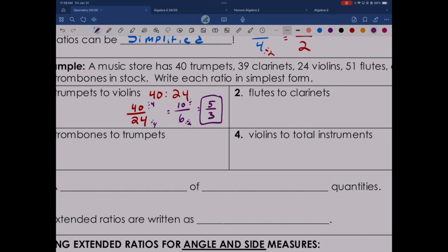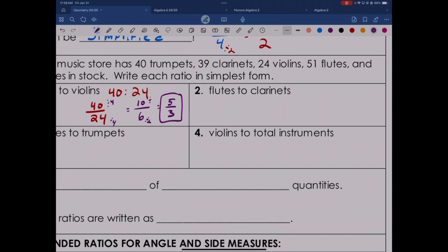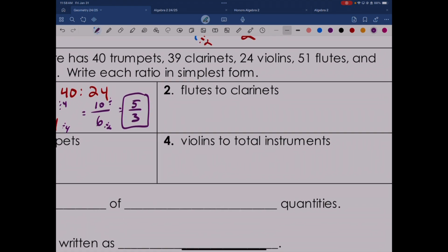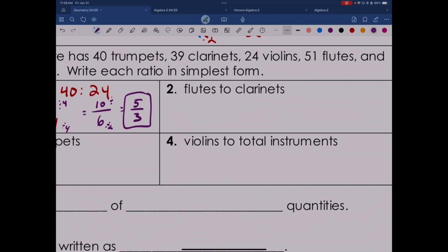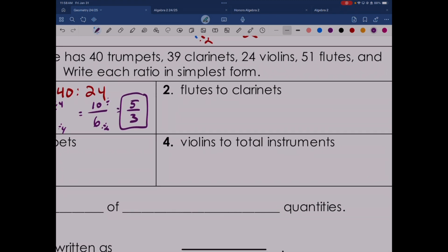Number 2 says flutes to clarinets. So I'll zoom in here a little bit. We've got flutes and we've got clarinets. How many flutes are there? 51. There are 51 flutes, and how many clarinets? 39. See if we can reduce it. 1 doesn't work, 2 doesn't work.